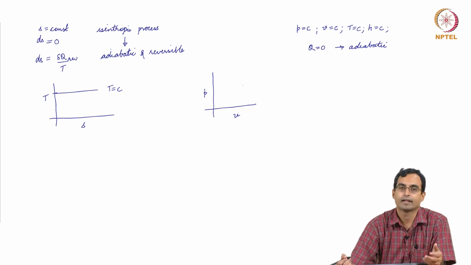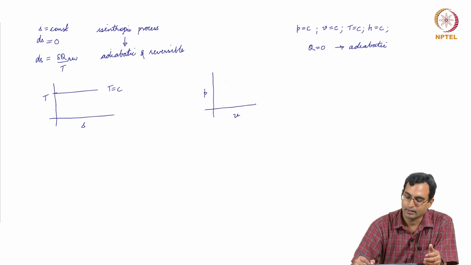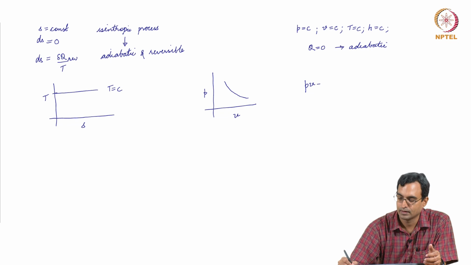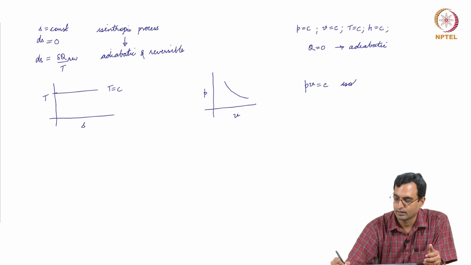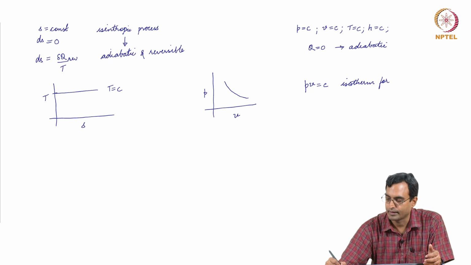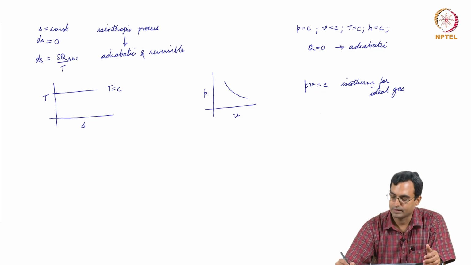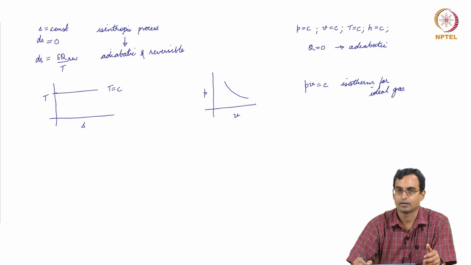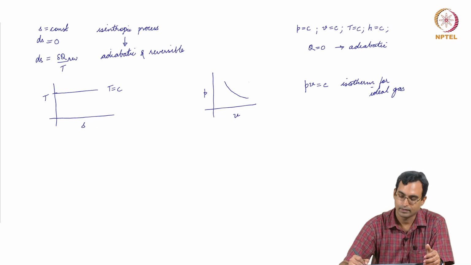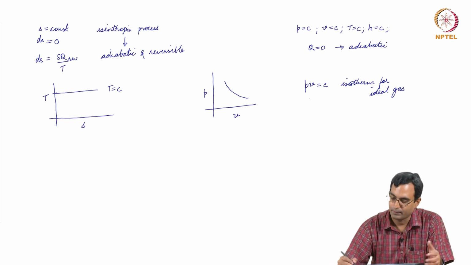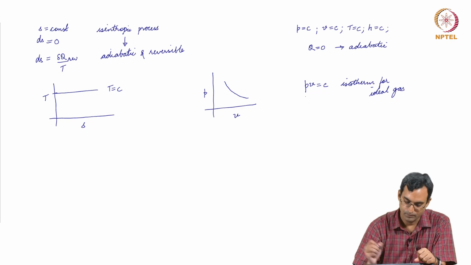But if we are considering an ideal gas, then an isothermal process has the equation PV equal to constant, and that is a rectangular hyperbola, the isotherm for an ideal gas. Whereas, if it was in a two-phase region, then it would essentially be a horizontal line. Otherwise, it would be something like this and something like this. So, it depends on what substance it is, but we have that.